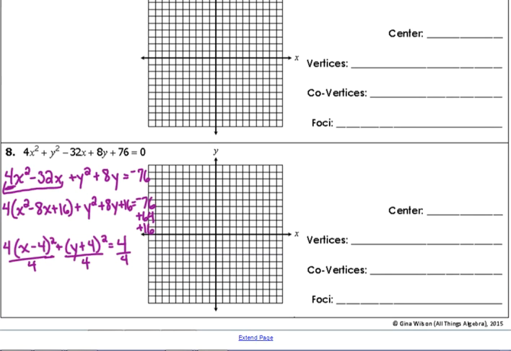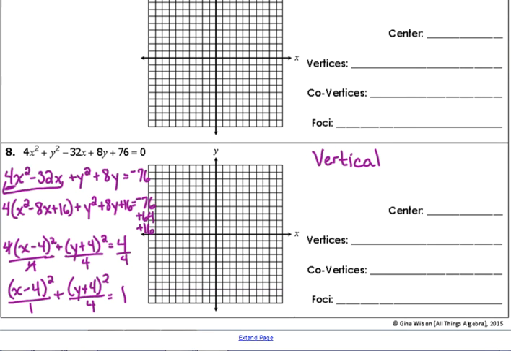We were left with 4, so we divide everything by 4. That gives us (x minus 4) squared over 1. Technically, we're not going to write this, but I'm going to put it there anyway so we can get that number over 1 for the x's. There was nothing that simplified for the y's, so that remains over 4, and that's equal to 1. So this is another vertical because y is over the bigger number.